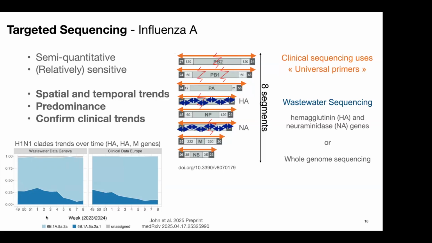Let's say, for example, the clinical surveillance only picked up on the dark blue here, while the wastewater is also able to pick it up, but the wastewater will be able to say there is also that light blue that is circulating that was not that well represented in the clinical data, but maybe would be interesting to take into account to develop next year's vaccine.